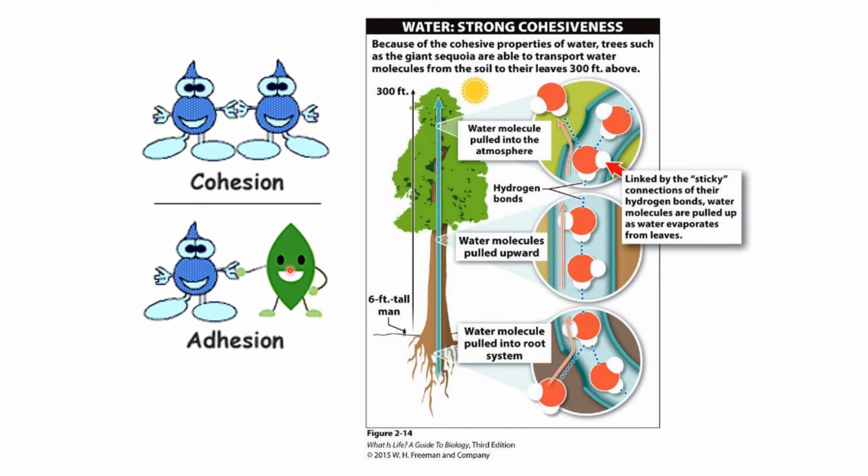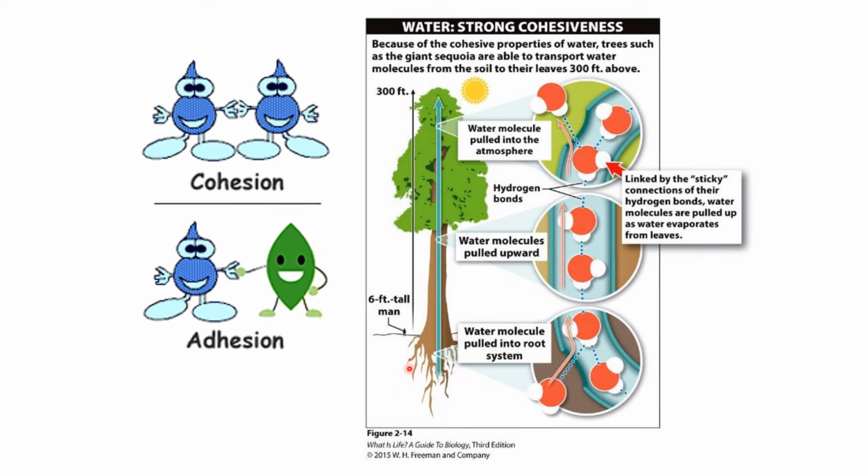Why are adhesion and cohesion pretty important? Because when you water a plant or a tree, for example, the water goes down to the roots. For this tree to stay alive, the water has to make its way all the way to the top so it can reach all the branches and all the leaves. It can't just stay down there within the roots.